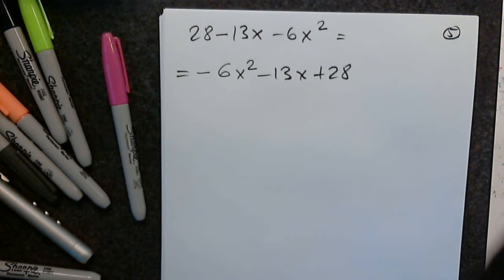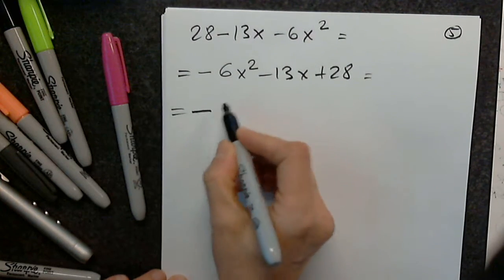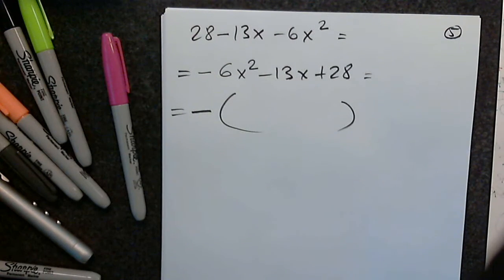So it's in descending order, greatest common factor? No. Negative leading coefficient? Good. How many terms you're going to give me in parentheses? Very good, and they are?